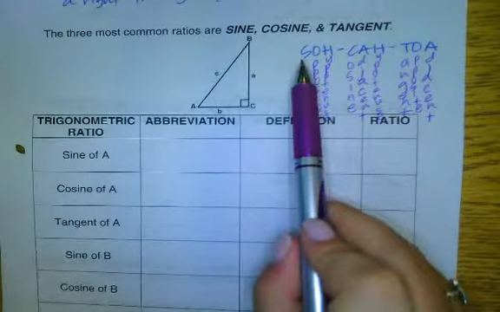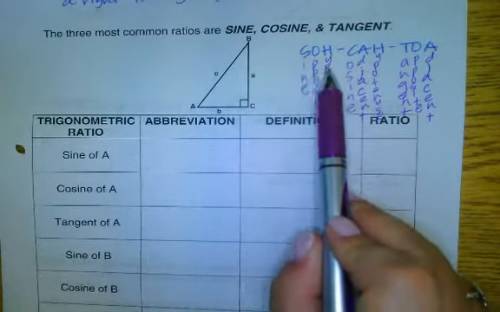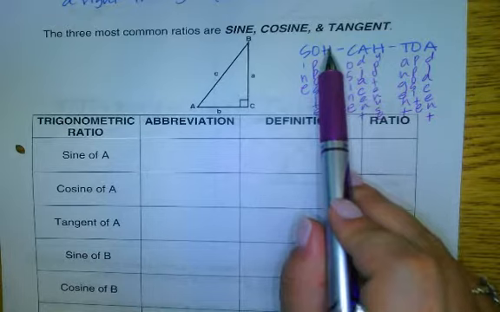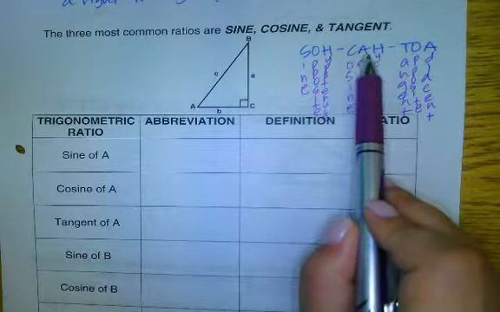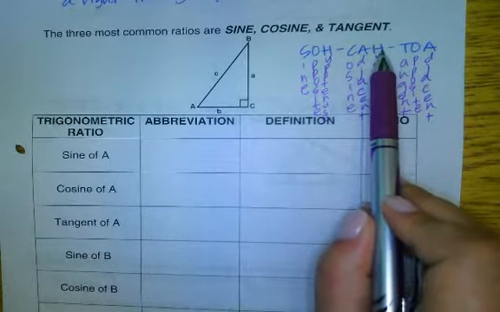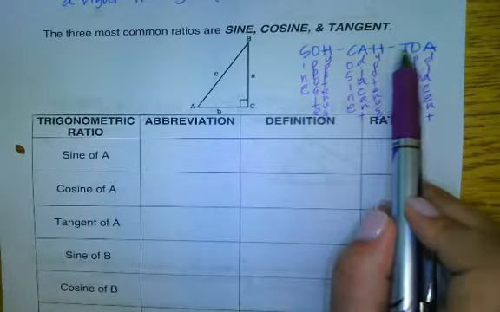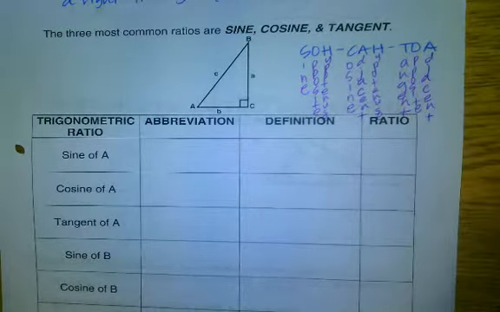Okay, so to find sine, you take opposite over hypotenuse. To find cosine, you're taking the adjacent over hypotenuse. To find tangent, you're taking the opposite over adjacent side.